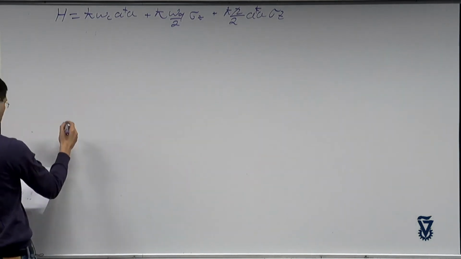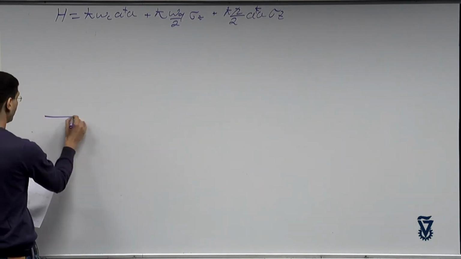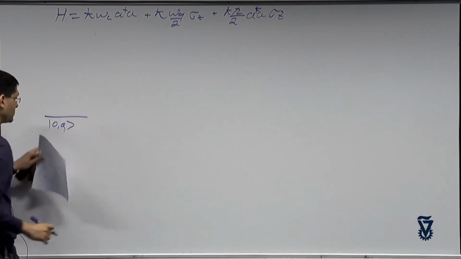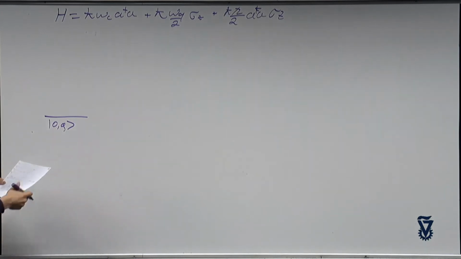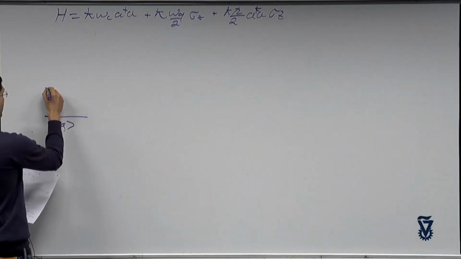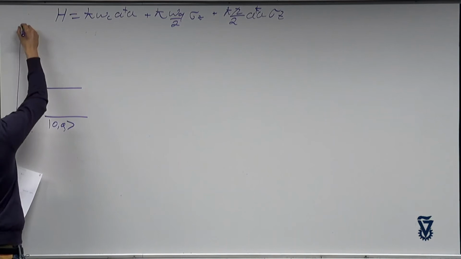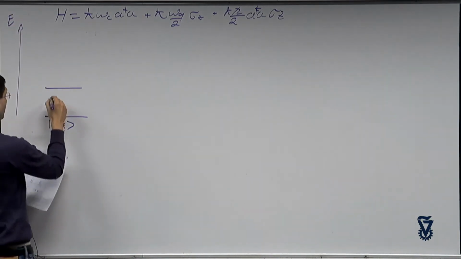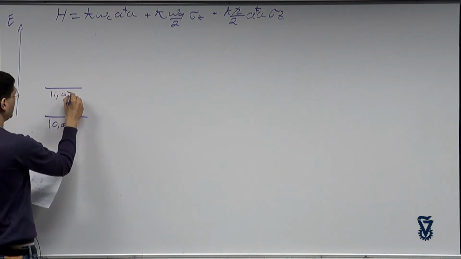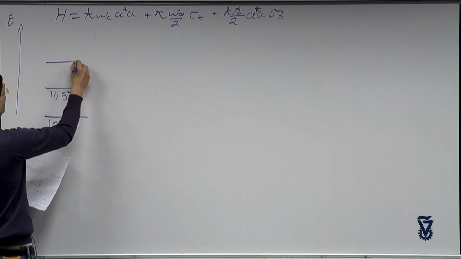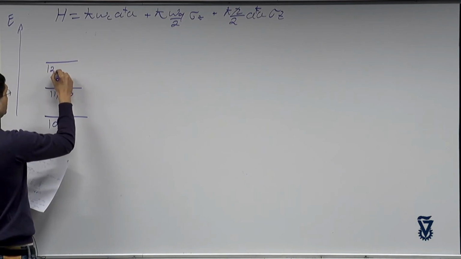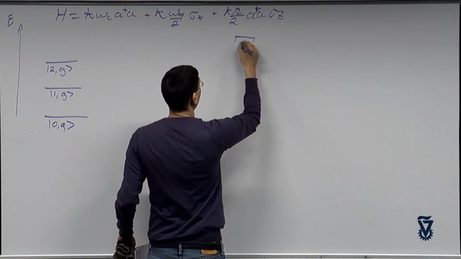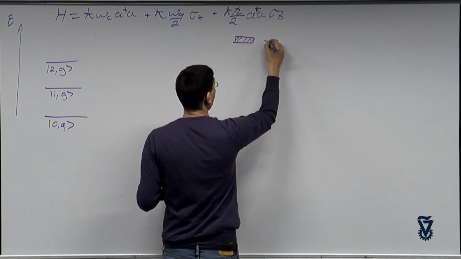If we write the energy level diagram, we'll have some level, this is going to be 0 G, so 0 photons in the cavity in G. Then above it over here, this is E. We're going to have 1 photon in the cavity in G, 2 photons in the cavity in G, and in purple, this is going to be uncoupled.